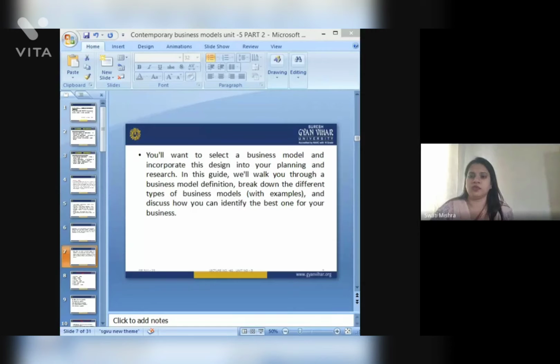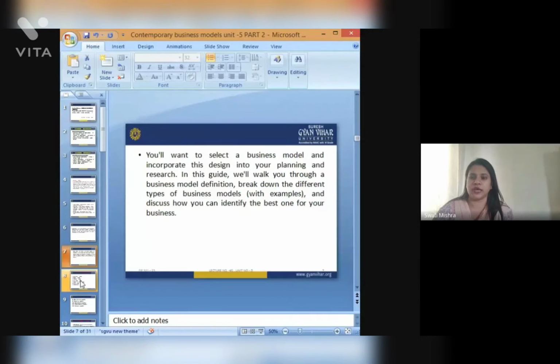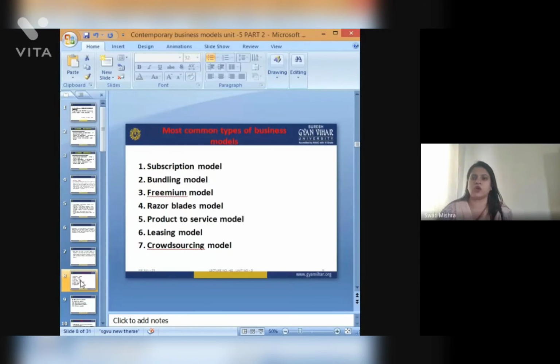So now let's move ahead, and we will discuss what are the most common types of business models. Some of them I have listed here in front of you on the screen. You can see the names of some of the most common types of business models which are seen in the contemporary world.